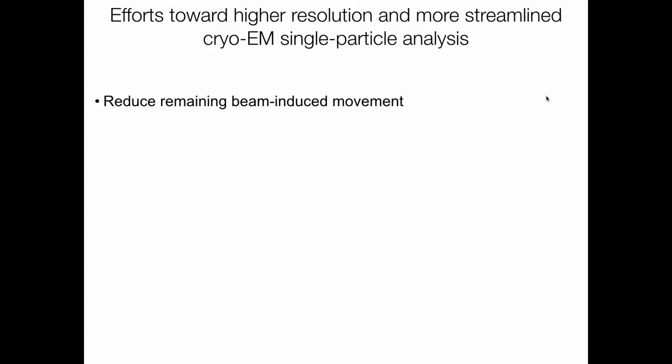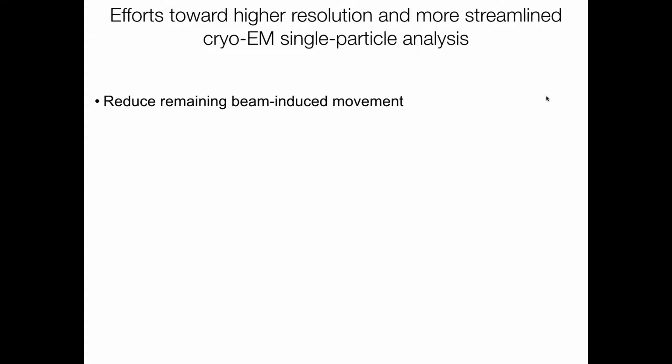In the interest of time, I'm going to stop around here. I'm just going to mention that there are still a number of things that remain to be done in order to reach true atomic resolution and to get to higher resolution and higher throughput with single particle EM. One of the main problems is that we need to reduce the remaining beam-induced movement.